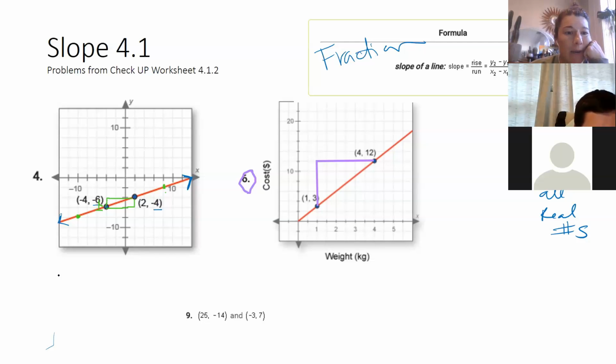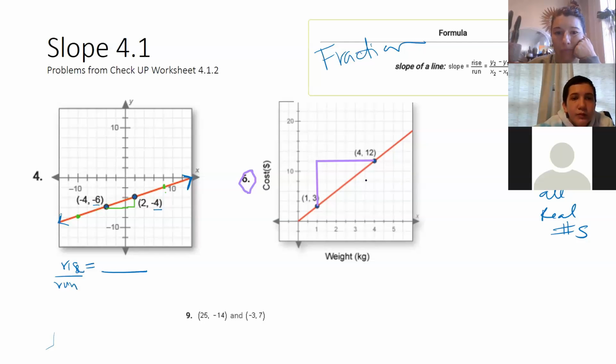How many units there? Okay, Malachi, I'll write your rise and your run here for you so you can just fill in the blank. Is that helpful? There we go. Good, so you can count, good.